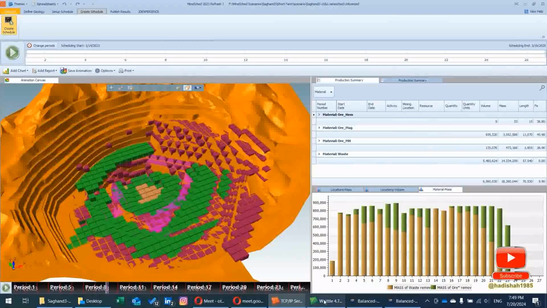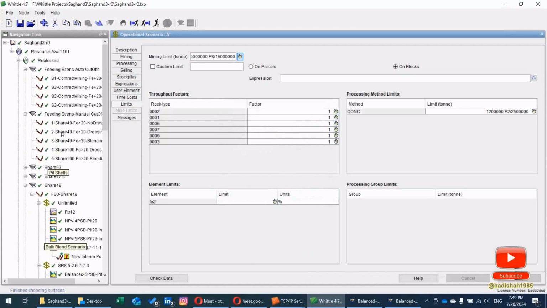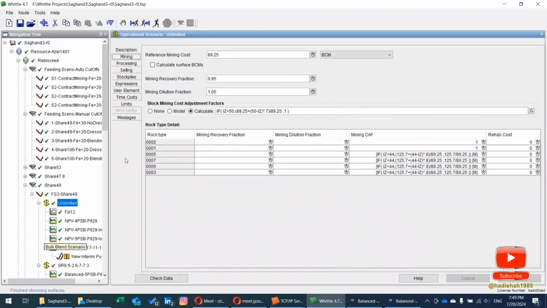Let's take a look back to strategic planning. In strategic planning, haulage is mostly defined in terms of costs. Every other aspect of mining can also be converted to cost terms and defined in the scenario definitions, whether mining cost, and use formulas.